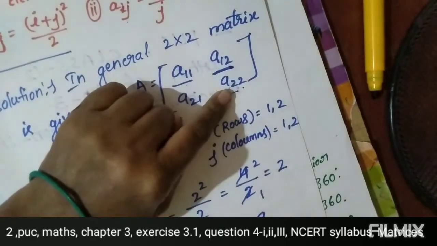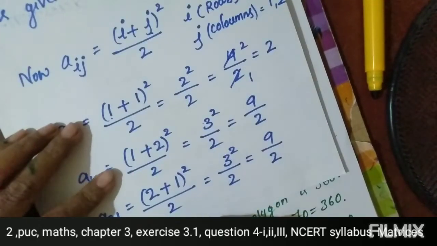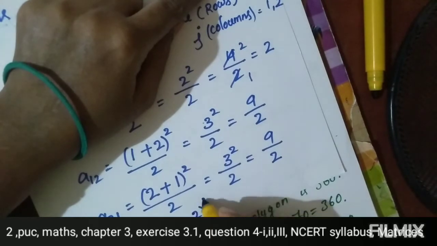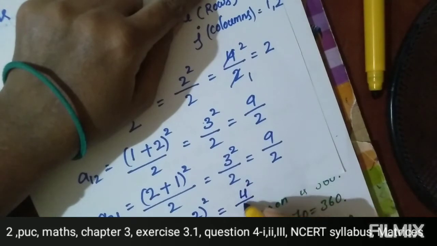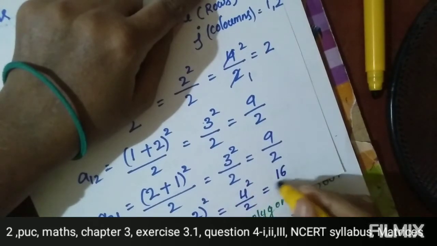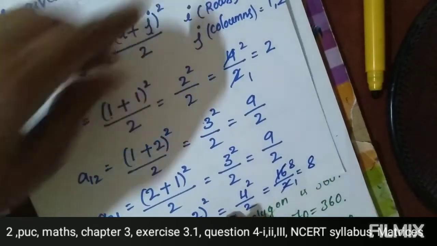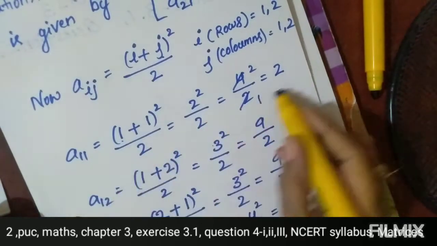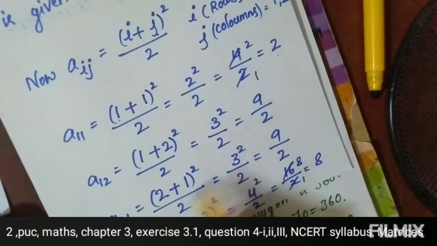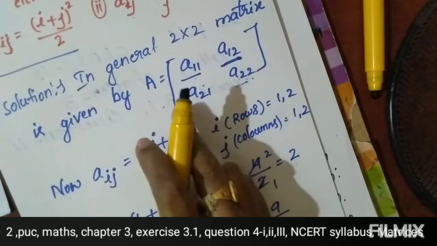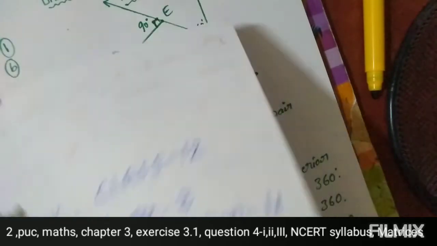A22 is in the second row plus second column. Then (2 plus 2) whole square divided by 2. 2 plus 2 is 4, 4 square divided by 2. 4 4s are 16 divided by 2 is 8. Then the elements are A11 is 2, A12 is 9 by 2, A21 is 9 by 2, A22 is 8.